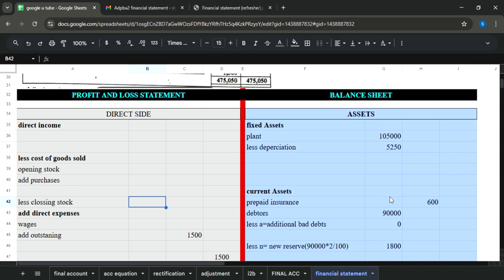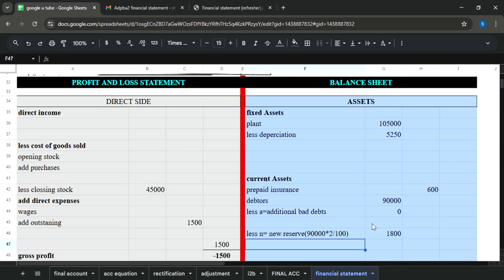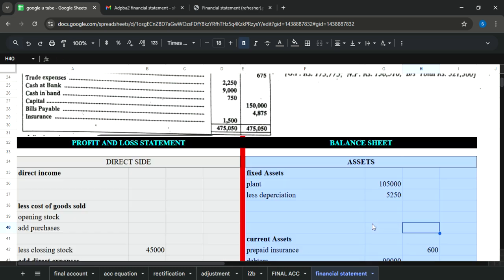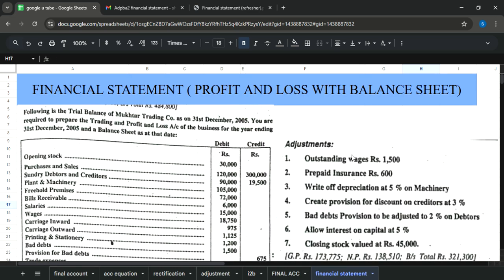Just write down 45,000 over here. Its second effect would be in current asset side. Closing stock amount is 45,000. So in this way guys, all 7 adjustments are completed with their dual effects.